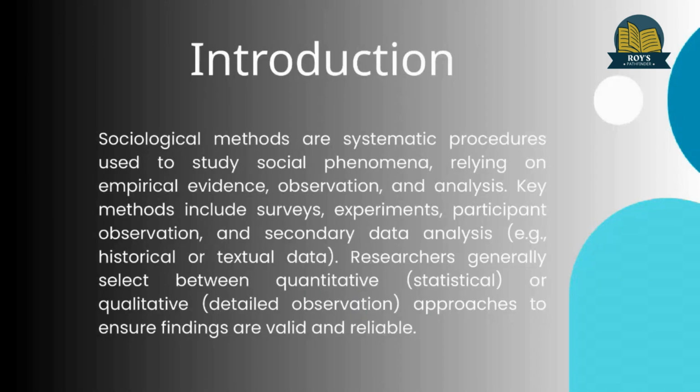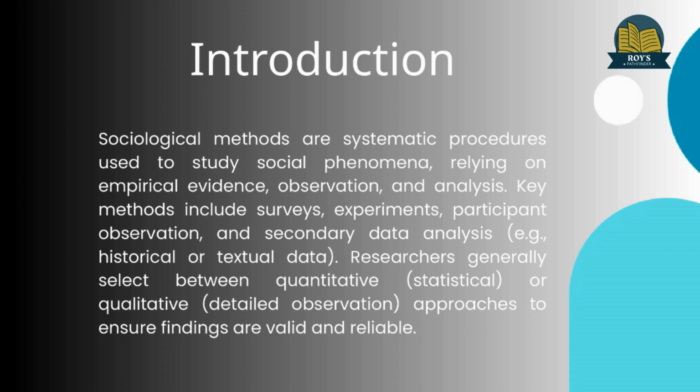Sociological methods are the systematic ways we study social phenomena, focusing on gathering real-world evidence through observation and analysis. Some of the key methods we use include surveys, where we collect data from groups of people, experiments designed to test specific variables, participant observation where researchers immerse themselves in social settings, and the analysis of secondary data, such as historical records or texts.